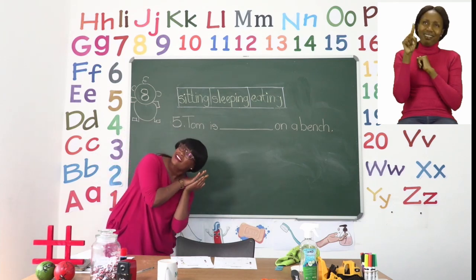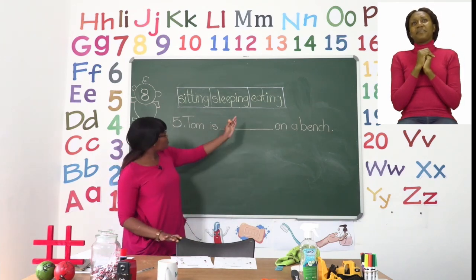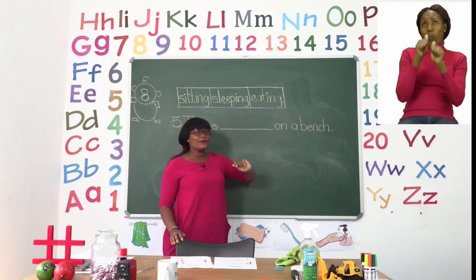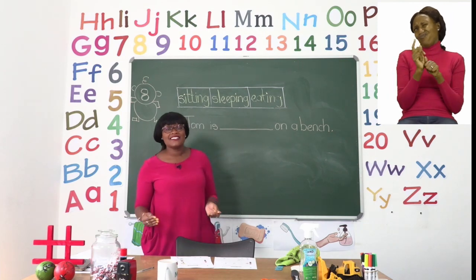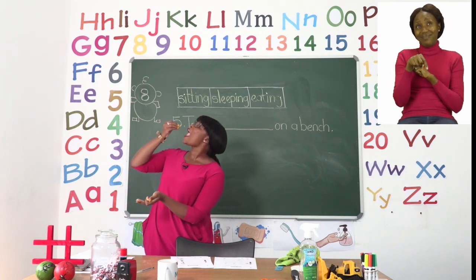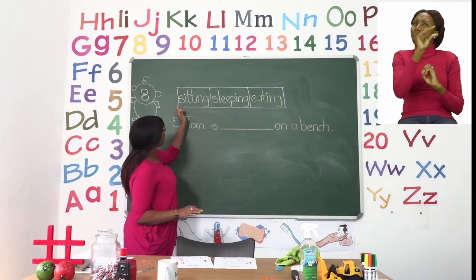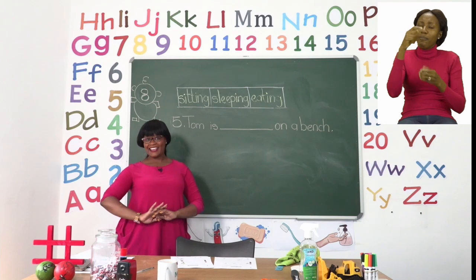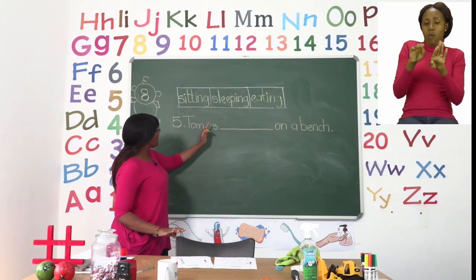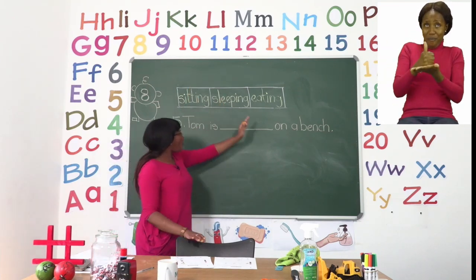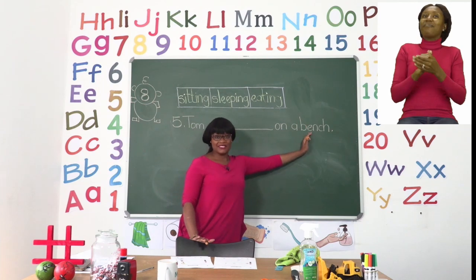He would need to be lying down. If you said eating, well, you would also be wrong because he needs to be putting something in his mouth. So the word we're looking for is the word sitting. So Tom is sitting on a bench.